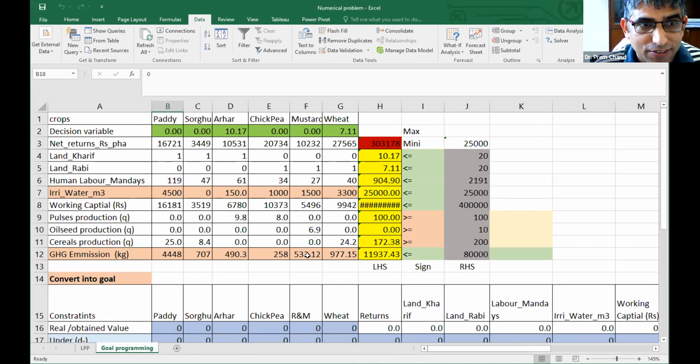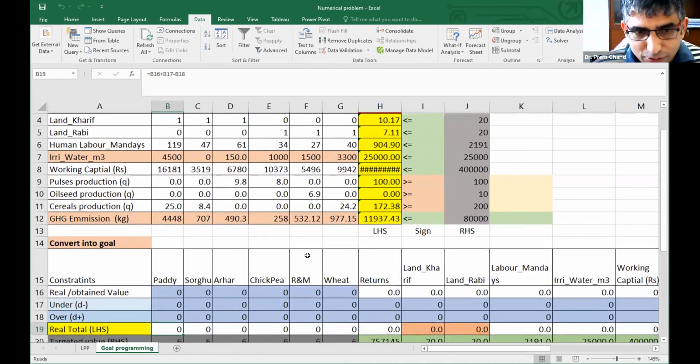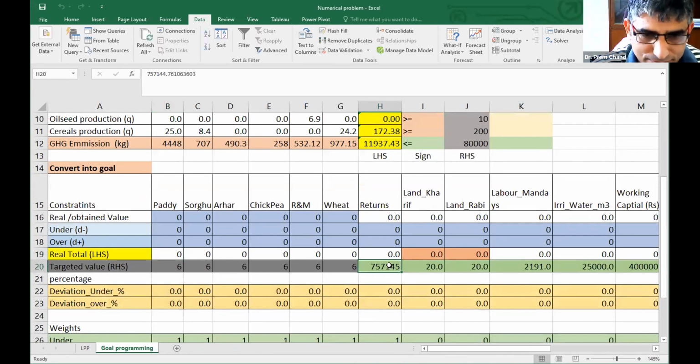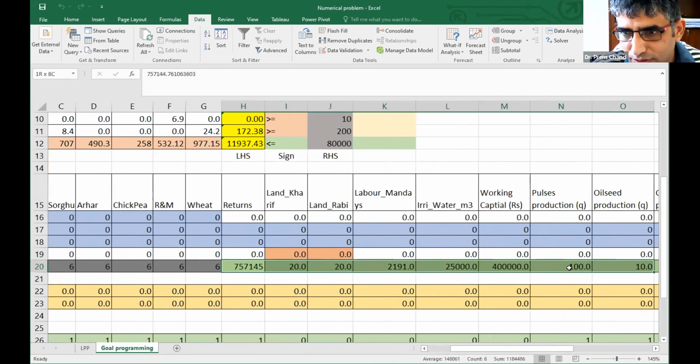Here our net returns, or our objective was maximization of return. So it becomes a goal. Also minimization of water becomes a goal. So I have brought these things here. Target value or goal. Okay, these are my aspiration levels.